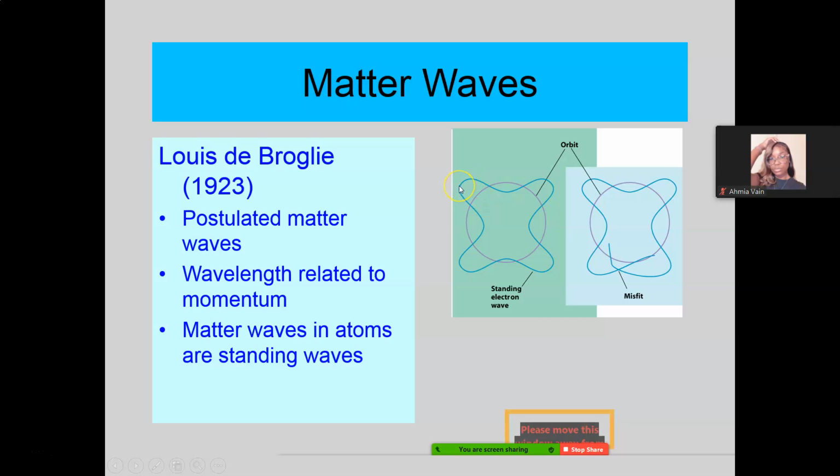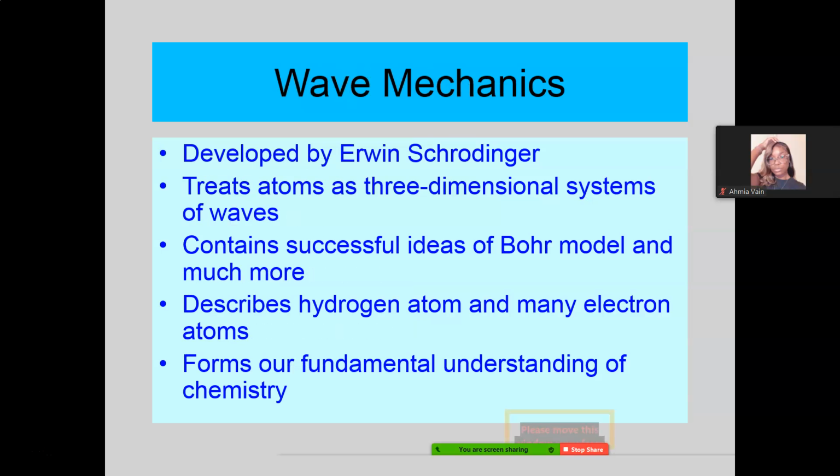So that's why Bohr's number 2, that as long as you're within an orbit, you do not have any loss of energy. This only works in quantum mechanics because you have to have that wave nature of the electron, and you don't have that in classical mechanics. And this is what happens in a wave, at least according to de Broglie.